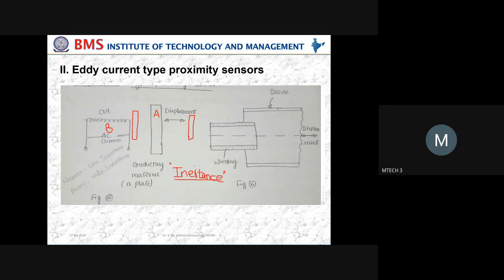Now, what I am talking about is with respect to the proximity sensor. This coil is your sensor and this is your object. If the object is nearer to the sensor, what is the value of eddy current, more or less?